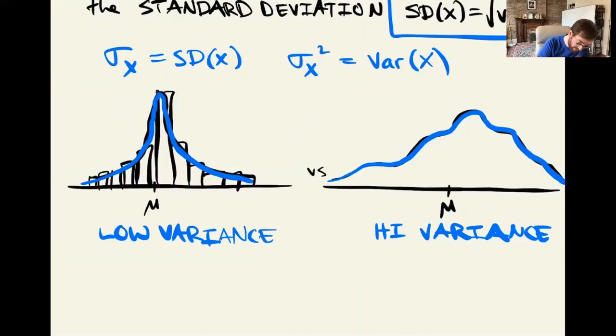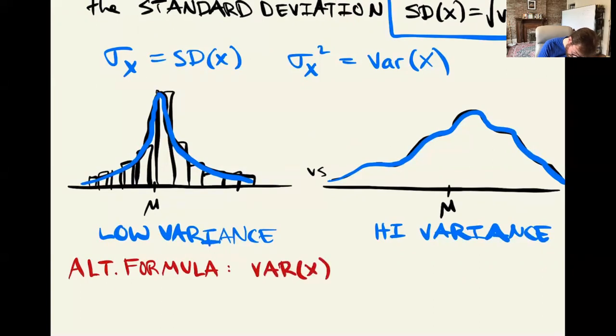But I want to also note there's a special form for computing the variance. So here's another formula. I'll call this the alternative formula, and this says that the variance of X can be computed as the expectation of X squared minus the expectation of X, squared.